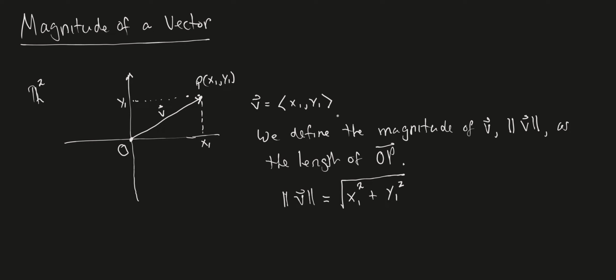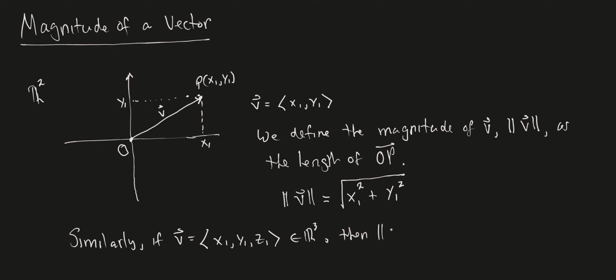And the computation is exactly the same in R3. Similarly, if v is the vector x1, y1, z1, so if it's now a three-dimensional vector, and we can state that clearly, a vector in R3, then the magnitude of this vector is equal to the square root of the square of the x component, plus the square of the y component, plus the square of the z component.